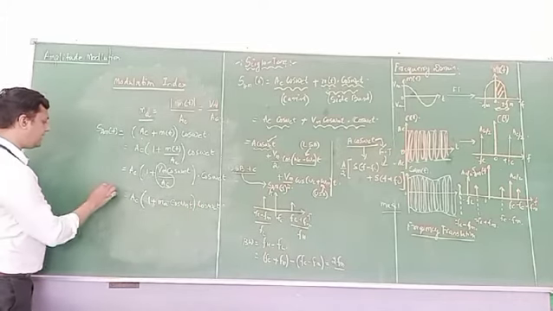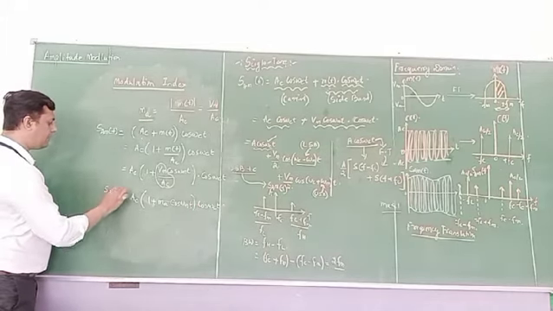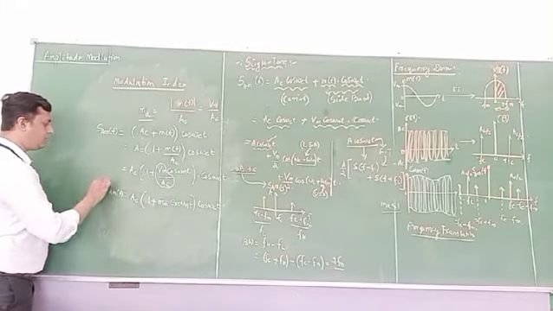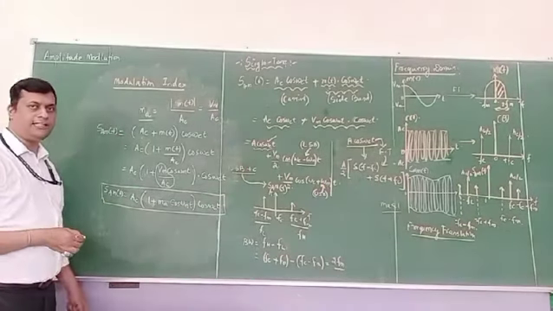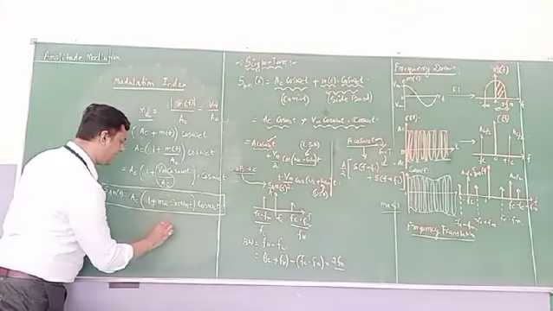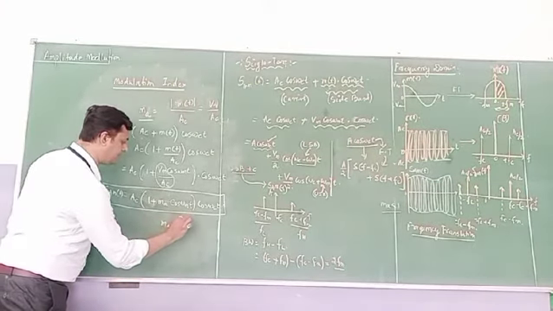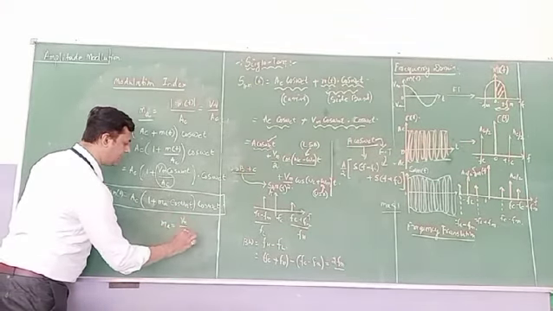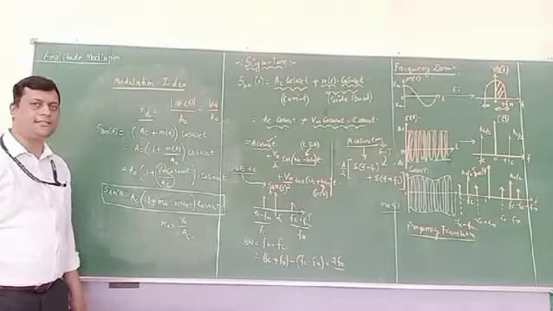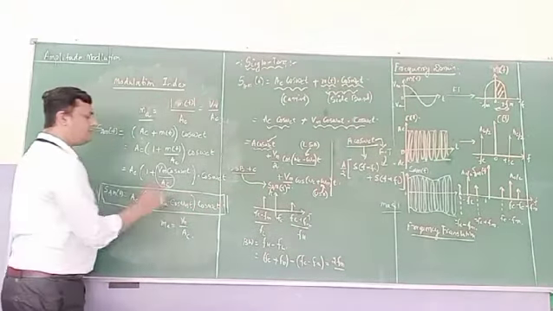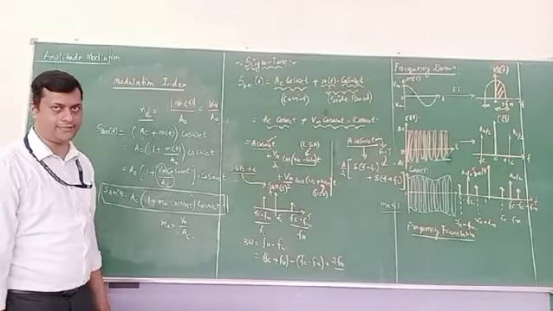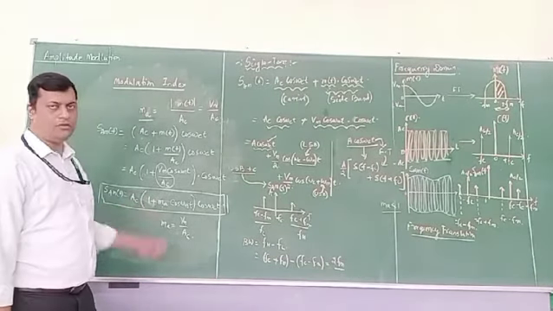So this is the AM equation for a single tone modulated signal whose modulation index is Ma, where Ma equals Vm by Ac. So this is the general representation of an AM signal in terms of modulation index. Okay, this is the single tone representation.